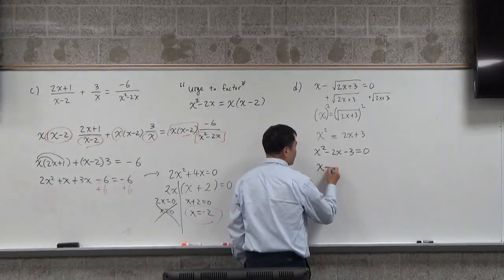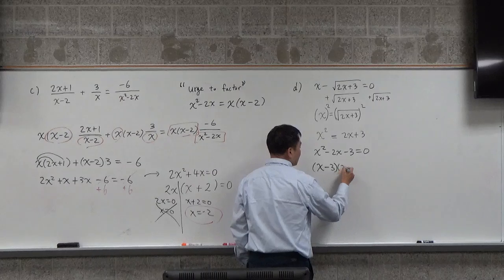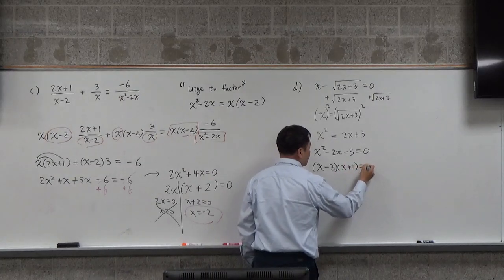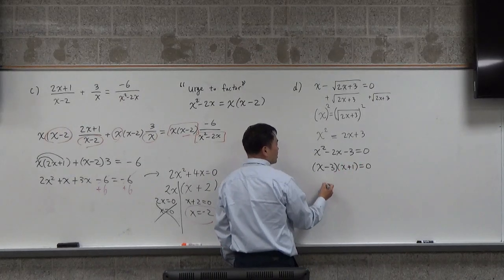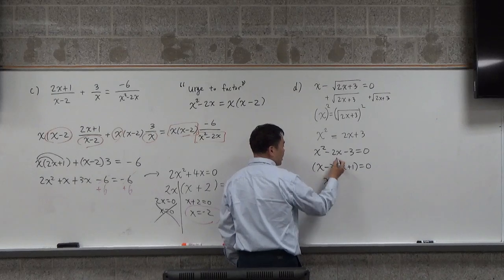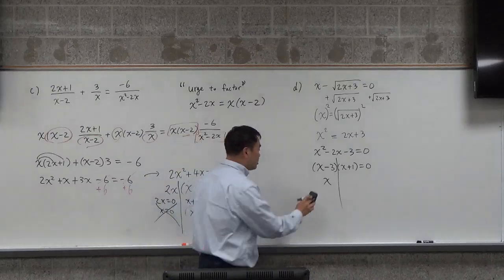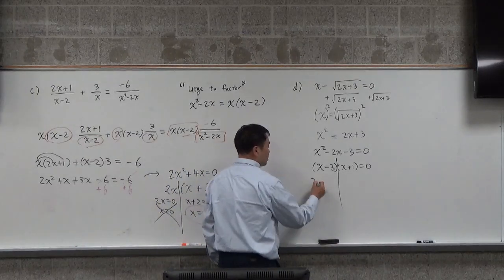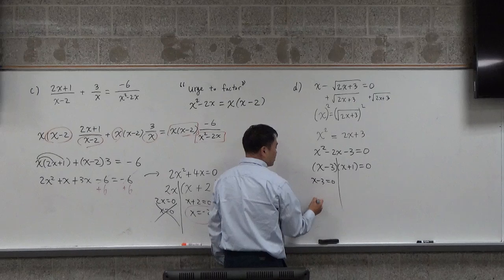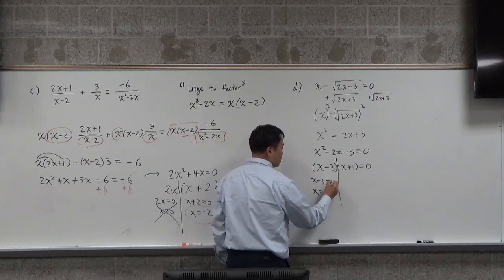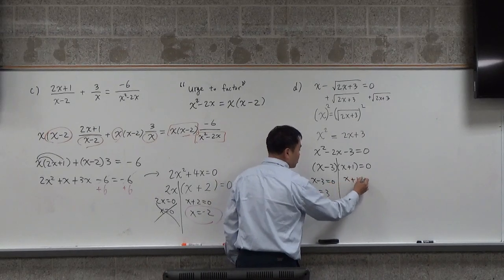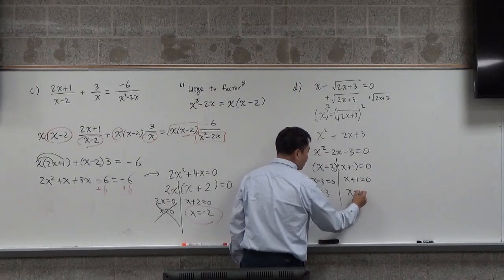It would be x minus 3 times x plus 1 equals 0. And therefore you have either x minus 3 equals 0, which says x is 3, or x plus 1 equals 0, which says x equals negative 1.